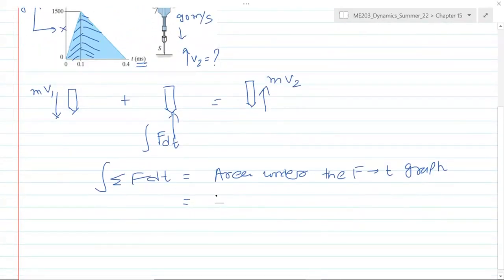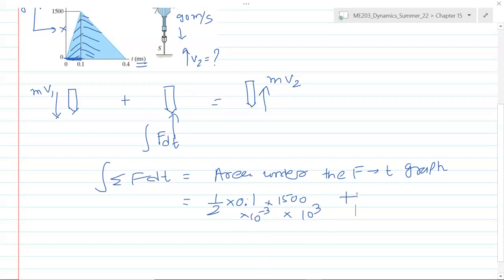So the area of the first triangle is 1/2 times base, which is 0.1, times height, which is 1500. As I mentioned, we multiply the 0.1 by 10 to the minus 3 and the 1500 by 10 to the 3, so they cancel out.